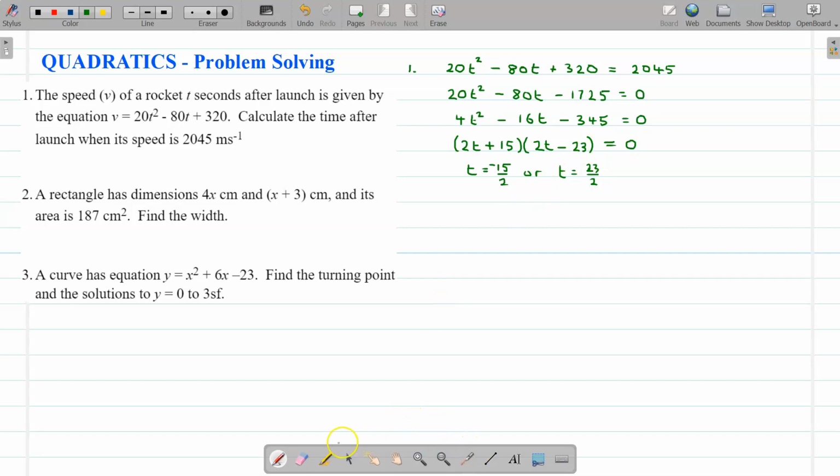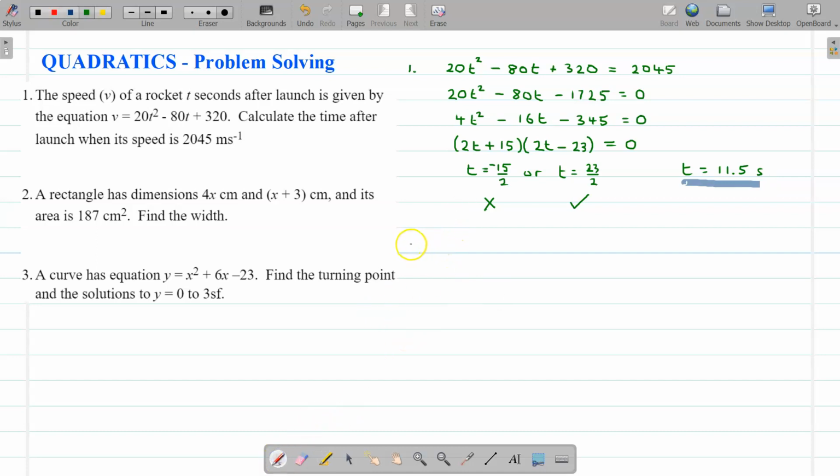Okay, now we need to eliminate one of them because it's negative, so we can discount this one and accept the second one and conclude that t equals 11.5. That's 23 over 2, 11.5 seconds exactly. Okay, and you would have got the same answer had you used the quadratic formula.